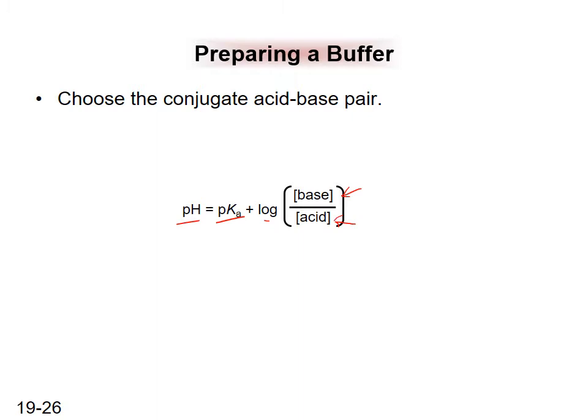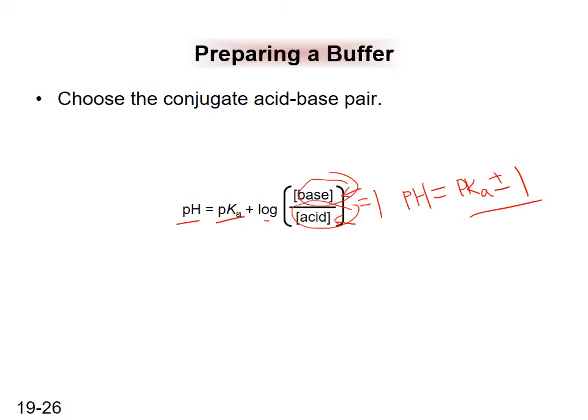And we also know that the best buffer is when the concentrations of base and acid are close to each other, so the ratio is approximately 1. And that means pH, as we already mentioned before, is pKa of the weak acid plus or minus 1. That's the range of pH.